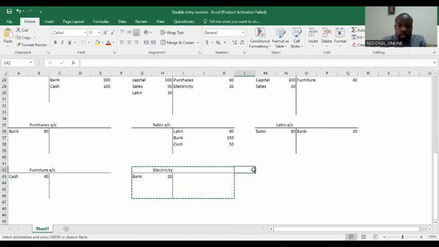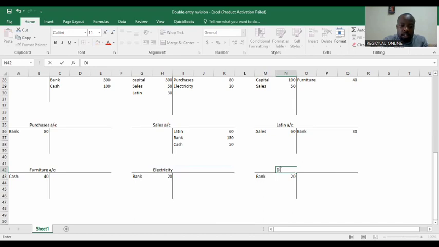So I'm bringing another ledger account here, known as discount allowed, a discount that you're allowing to your customer, reducing what they owe.